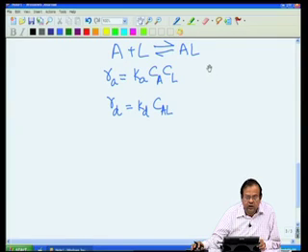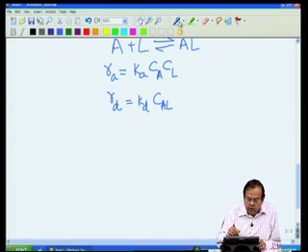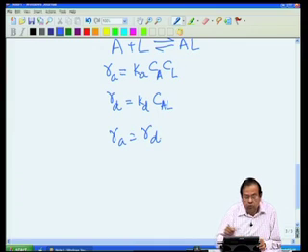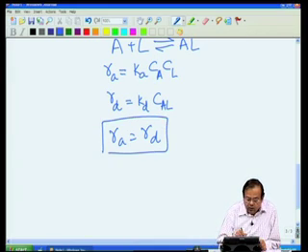I will consider adsorption as an equilibrium process. At equilibrium RA, that is the rate at which A is adsorbing onto L and the rate at which AL is desorbing must be the same, or in other words RA must be equal to RD. So, this is at equilibrium.